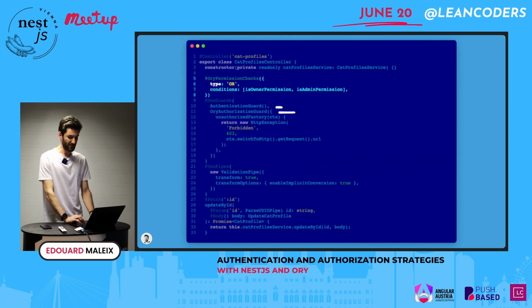And in that decorator, the Ory permission check, you declare for that given controller method what are the conditions to evaluate, so what my guard should send to Keto to evaluate. Here we will ask Keto, is this user an owner or is this user an admin?